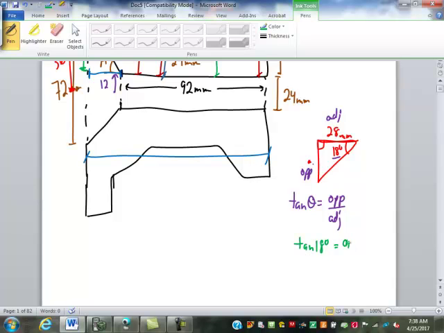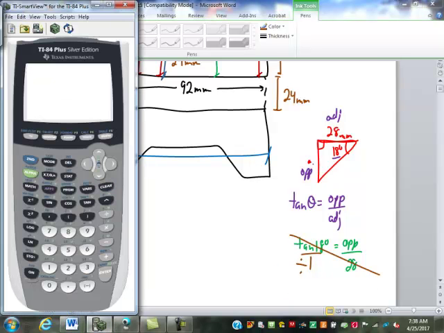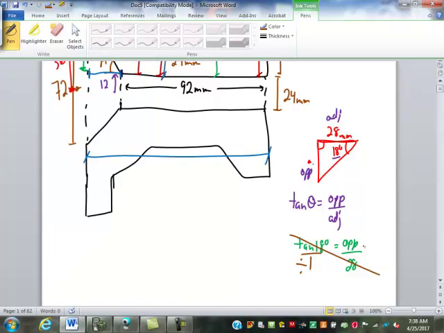The opposite side is what I'm looking for. The adjacent side is 28. Since I'm looking for a side, I make it a proportion, I cross multiply and divide. Tangent of 18 times 28 divided by 1 is 9.098.